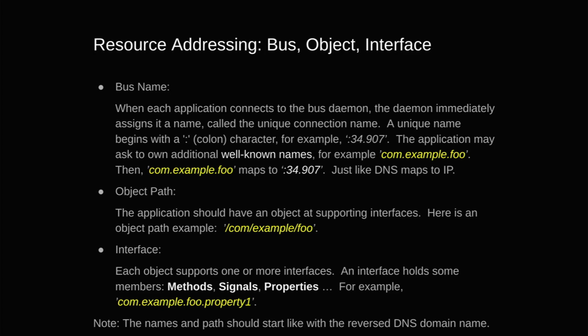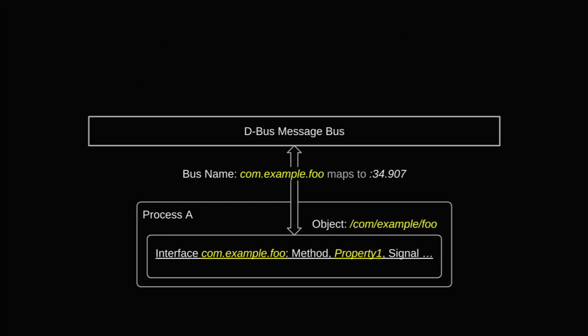Now we understand that a process tries to communicate with another process. But how do we address the resource on the D-Bus server-side process? So D-Bus defines three things: bus, object, and interface. Now we have the D-Bus message bus in the center. Process A acts like a D-Bus server-side process.